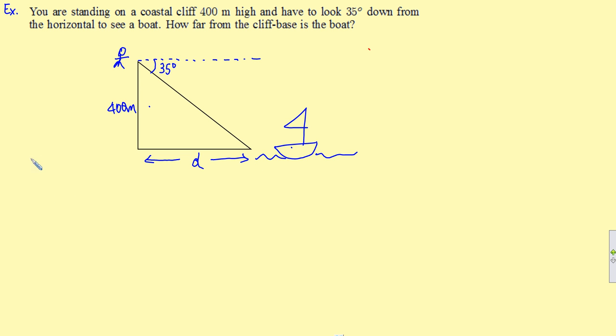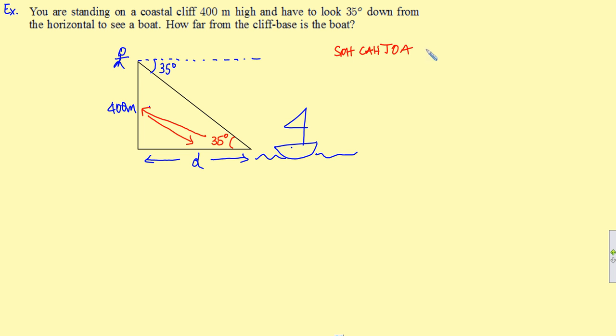We can take a look at this from two different points of view. If this angle is 35 degrees, then with respect to the horizontal, or the base of the triangle, this must also be 35 degrees. So within the triangle, with respect to 35 degrees, I have the opposite and the adjacent, and we're using, again, TOA of SOHCAHTOA.